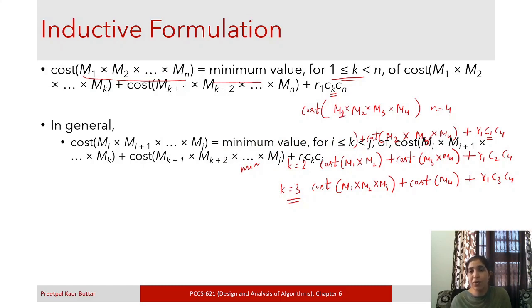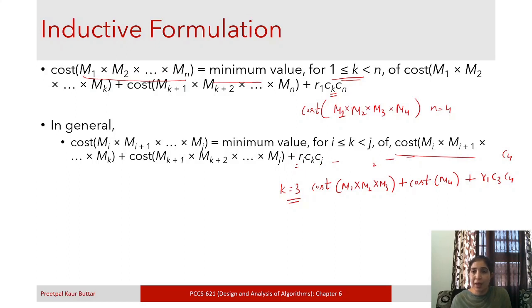It can start from any I. So the cost of multiplying the matrices mi into mi plus 1 and so on till mj will be the minimum of the cost of multiplying the subproduct starting from mi and so on till mk, plus the cost of the subproduct mk plus 1 till mj, plus the cost of multiplying these two subproducts together, which will be, because this is starting from I, Ri into Ck into Cj.